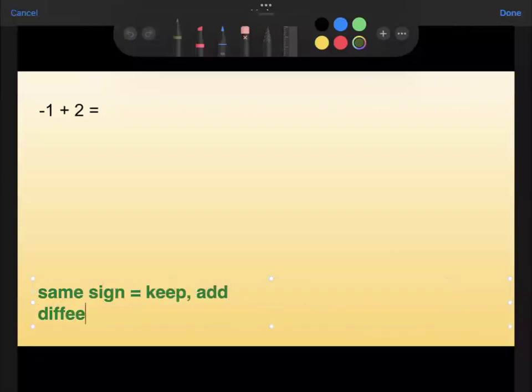If you have different signs, what you're going to do is keep the bigger sign, so keep the big, and then subtract the numbers. I'm going to keep that there for a few of these practice problems, just so we get used to using these rules.